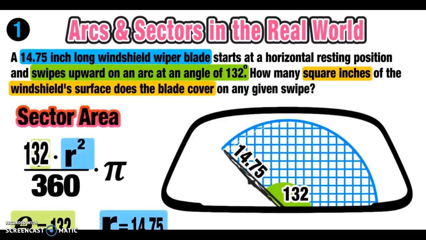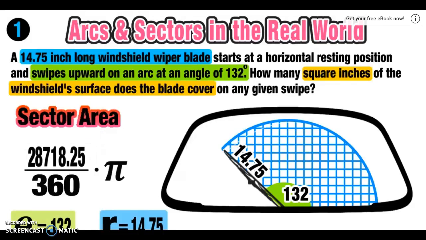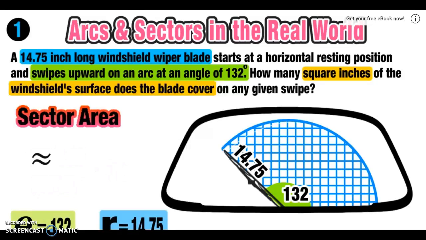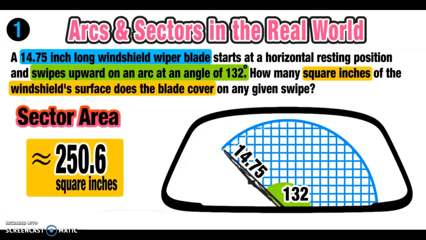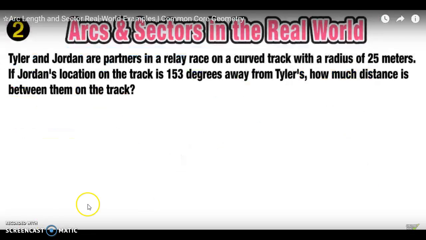I replace theta with 132 and r squared with 14.75 squared, and then evaluate the rest of the formula, which leaves us with a sector area of approximately 250.6 square inches, the surface area of that sector on the windshield.